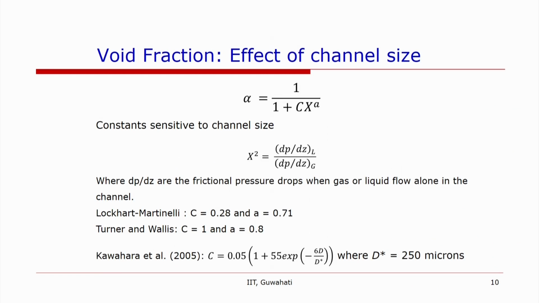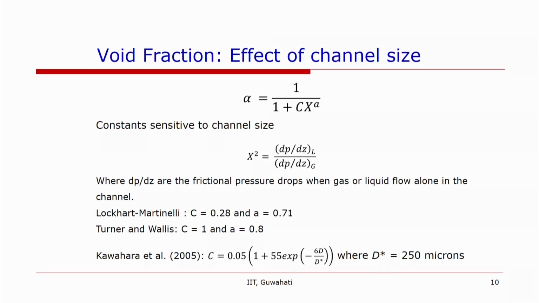Now, another correlation that has been developed to look at the effect of channel size is where alpha is equal to 1 over 1 plus C into X to the power a. Here X is not quality, it is capital X, and now we have 3 unknown parameters here, C, X and a. X is known as the Lockhart-Martinelli parameter, which is defined as X square is equal to dP by dz liquid only, divided by dP by dz gas only.